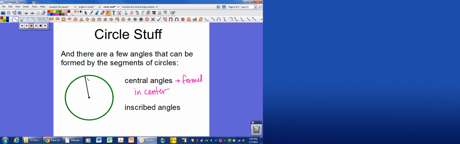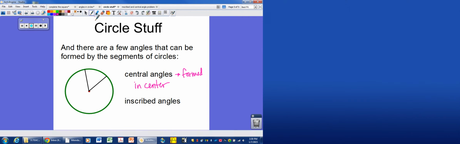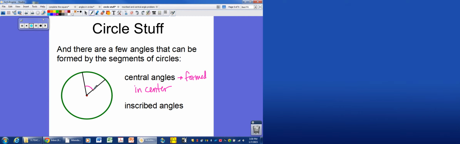So here we have 1 radius. If you draw any other radius, you have formed yourself a central angle. Okay, this thing right here is a central angle, an angle formed in the center of your circle. Okay, this is the arc that it intersects. Okay, this is called the intercepted arc that goes along with this angle.